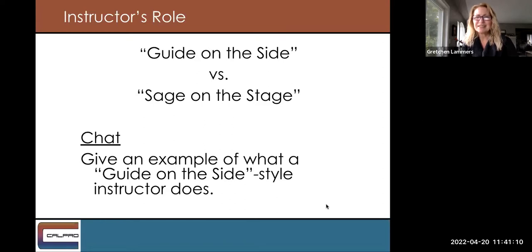For starters, listens. Oh, very good. Observes, keenly observes, and listens with heart and mind and eyes and ears. Encourages. Once again, asks questions. Ask the students what they need.